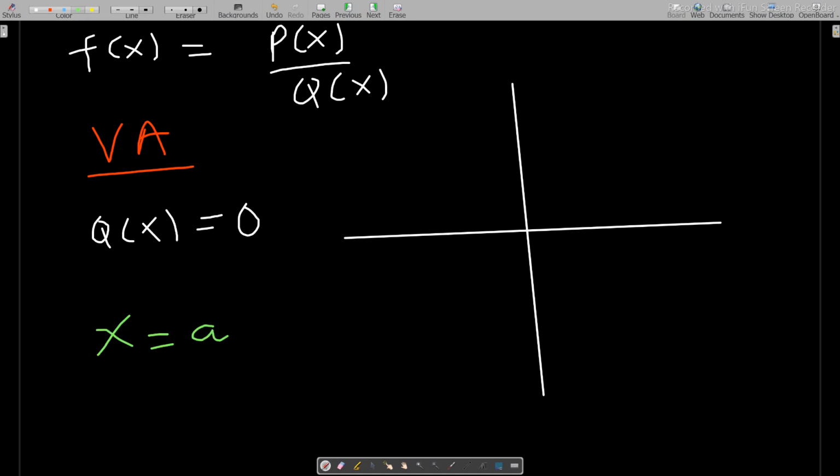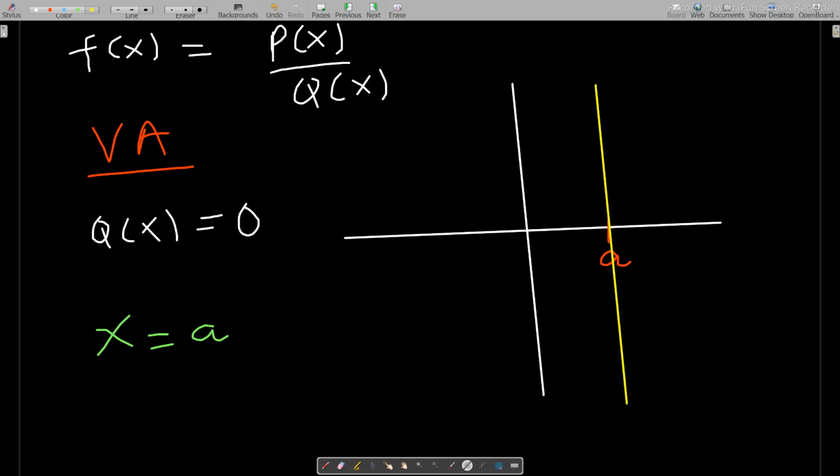You want to find the equation of the line, which is just an x value, and it's a vertical line. Let's say here was a, then the vertical asymptote will be a straight line through a, like that.